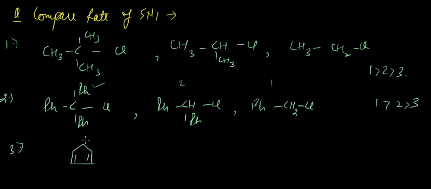What about this? So what is the stability of carbocation in this case? As you can see, the first compound on having carbocation at this carbon will be turning anti-aromatic.